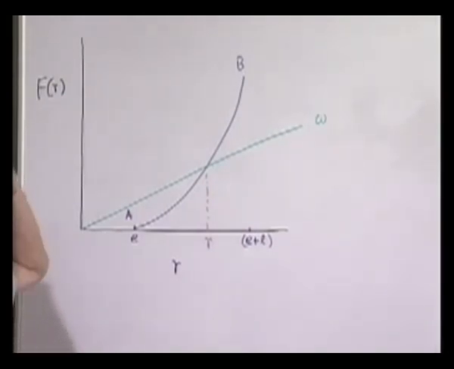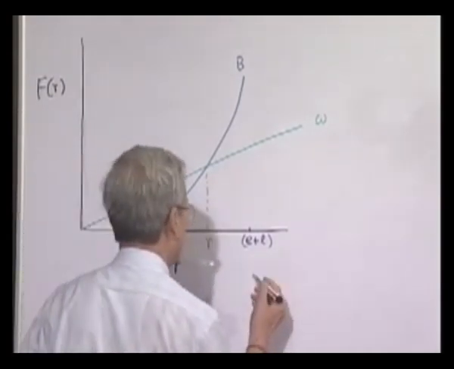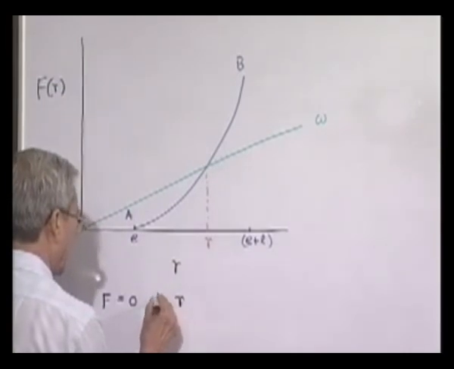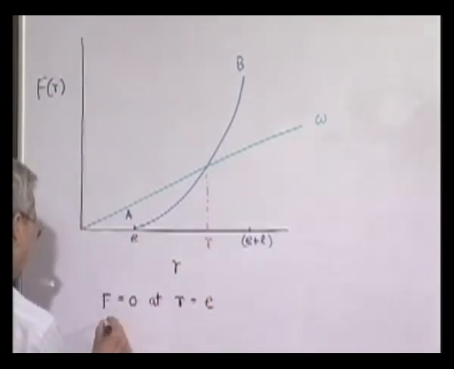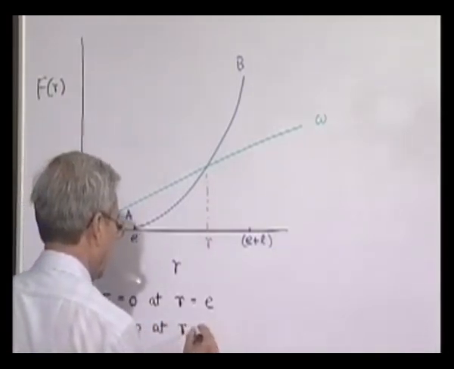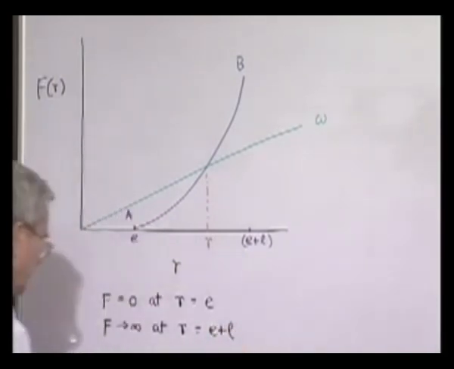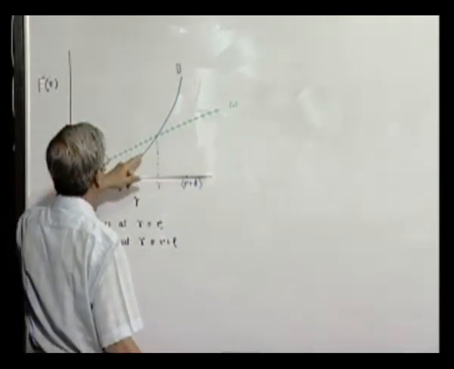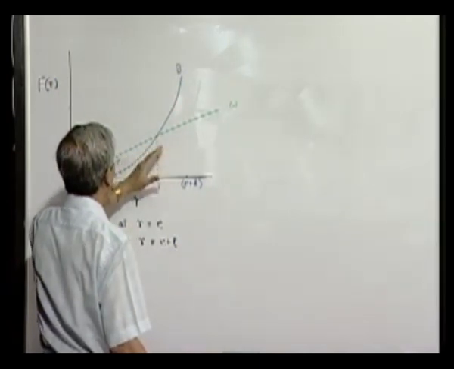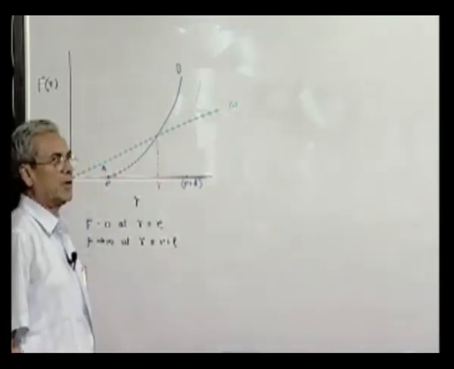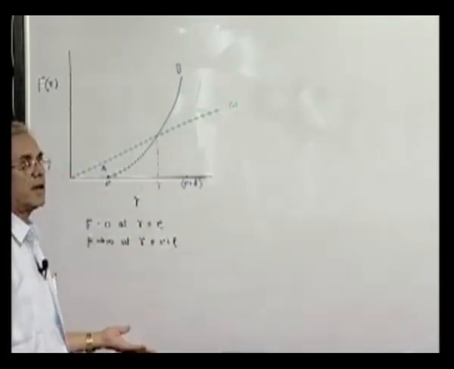And we also find here two things. Let us see the characteristics. One is F equal to 0 when r is equal to e, and F tends to infinity at r equal to plus L. And this diagram makes it very clear that whatever may be the speed of rotation of the governor, at the intersection point, that means at the equilibrium position, the slope of the control force curve is always more than the slope of the centrifugal or the deflecting force curve, and that is the condition for stability.